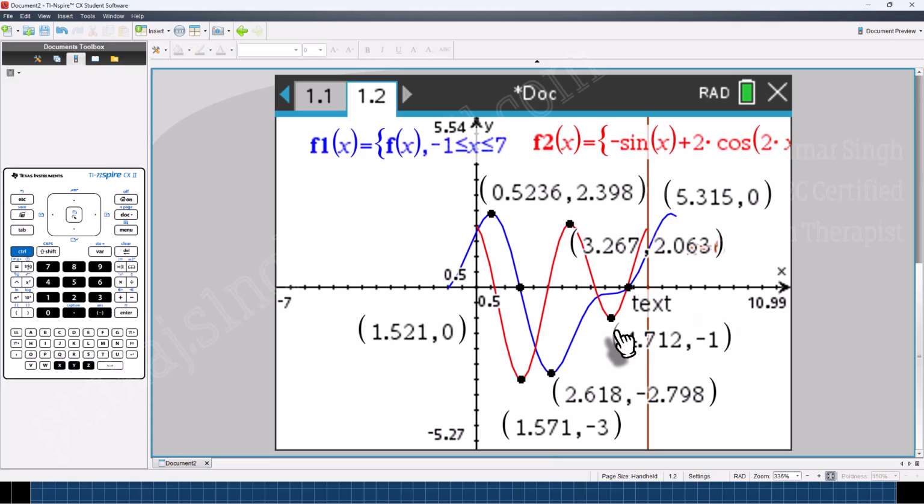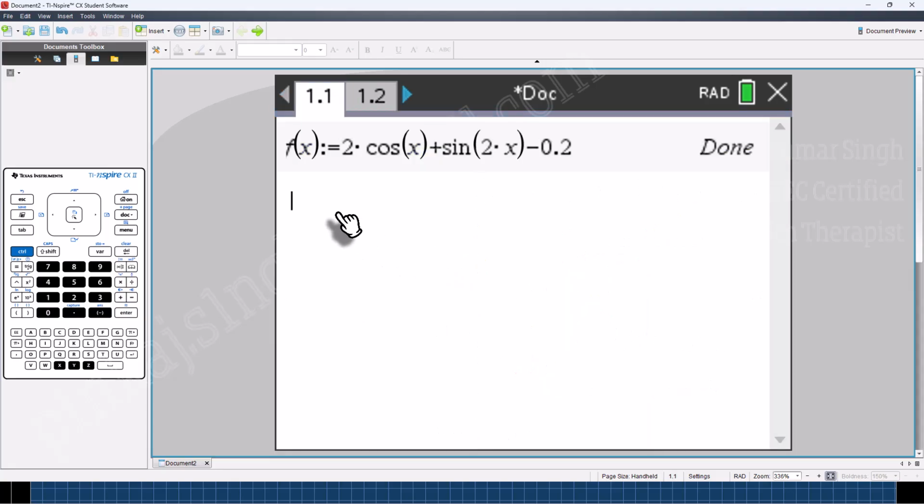So now I know that at x is equal to 4.712, there is a point of inflection over here. And at x is equal to 1.57, there is a point of inflection. Now this point is easy to find out because that is still the 0 of the equation. So that's going to be a bit easier.